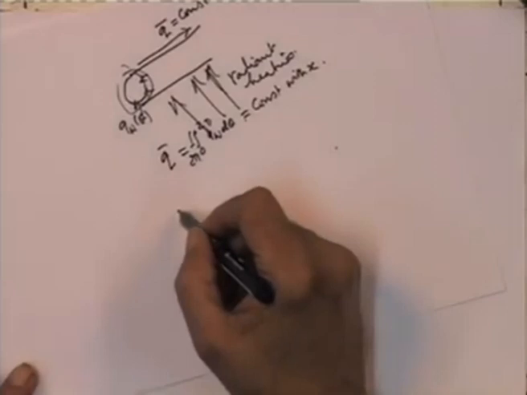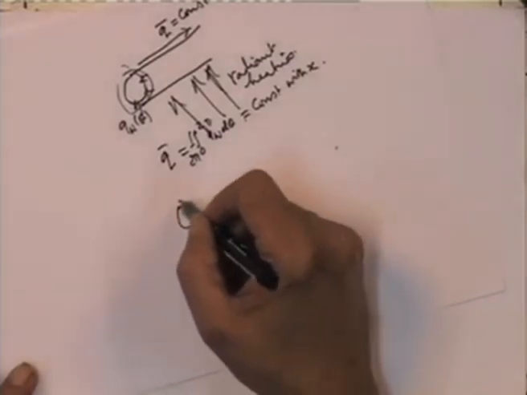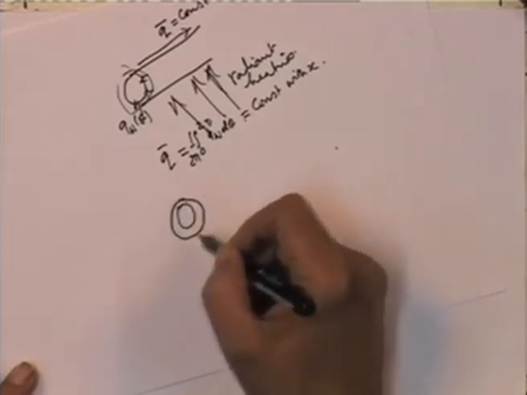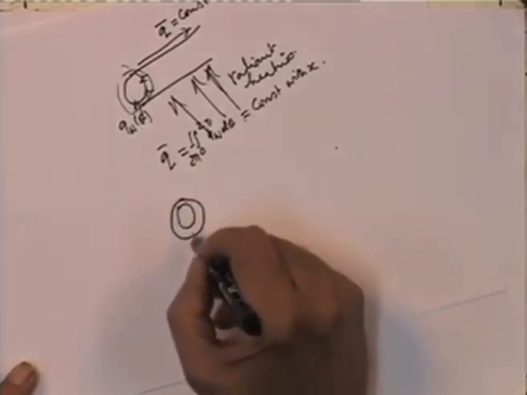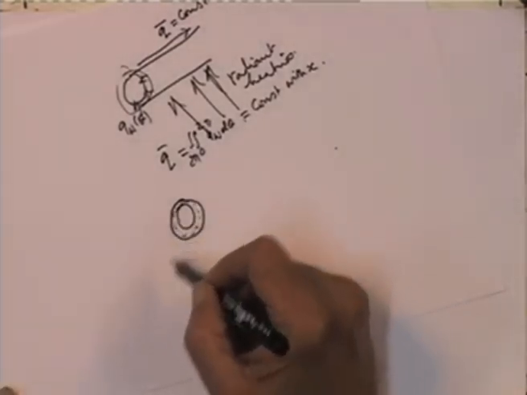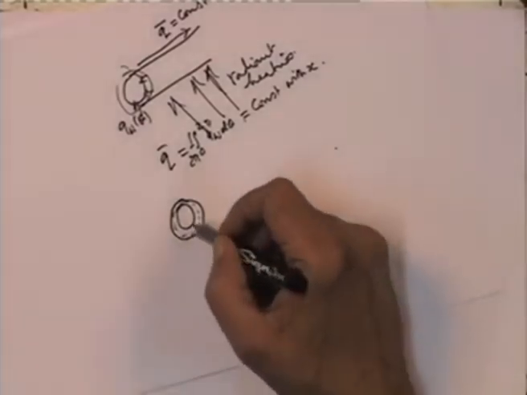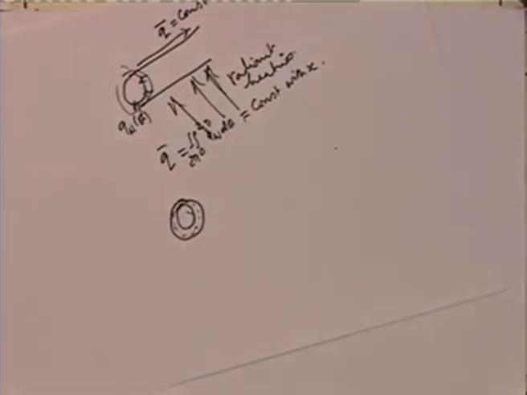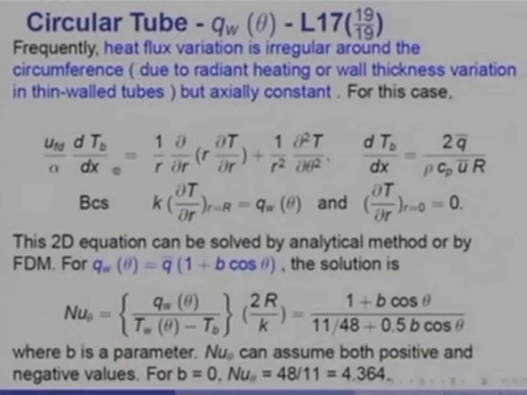Sometimes it will also occur for a tube of uneven thickness, let us say, and it is being electrically heated. So, there is internal heat generation within the tube, and therefore, it will receive circumferentially varying heat transfer. So, in that case, the equation would become, again, because of the constant heat flux condition, dt bulk by dx constant given by that, but now you must allow for conduction both radially as well as in the circumferential direction.